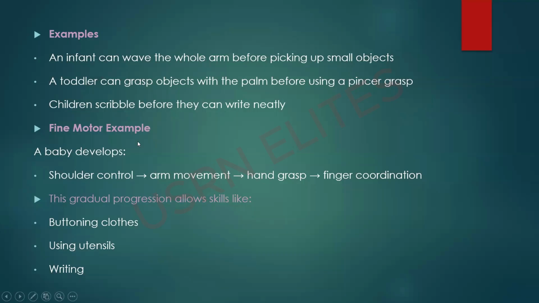So fine motor activities. With the example we have over here, a baby develops shoulder control, to arm movements, hand grabs, finger coordination. Okay, so this gradual progression allows skills like buttoning of clothes. So with time, this child will be able to do this.